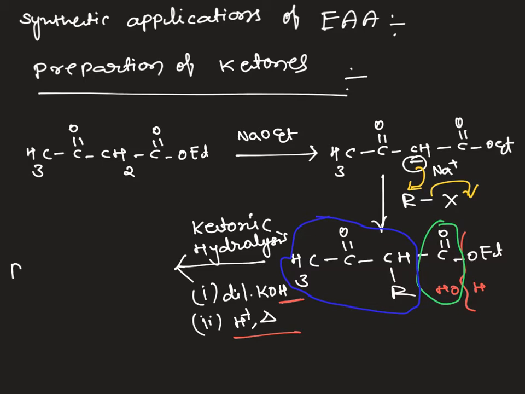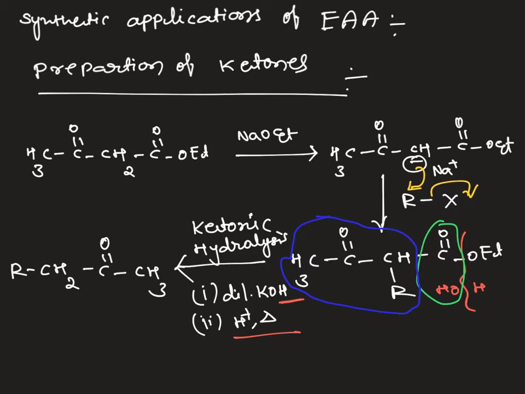Here CH2COCH3, we are getting methyl-substituted ketones. Whenever we use ethyl acetate as a starting material, we always get methyl ketones.